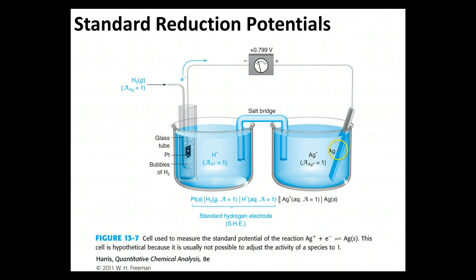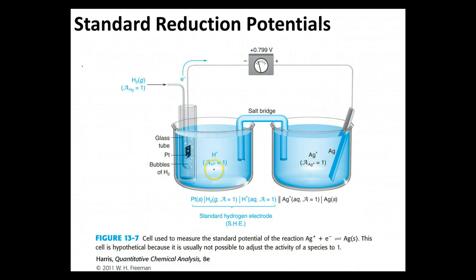Now, when we hook all that up, what we're going to see is that the difference between these two cells is going to be 0.799 volts under standard conditions. So under these exact concentrations that I have listed there, we get this voltage. These are, at least conceptually, really easy to set up experimentally. If we're bubbling hydrogen gas through, it's going to limit itself to a pressure of 1 bar because it's not a closed container. It's not going to build up any pressure, so that takes care of itself.